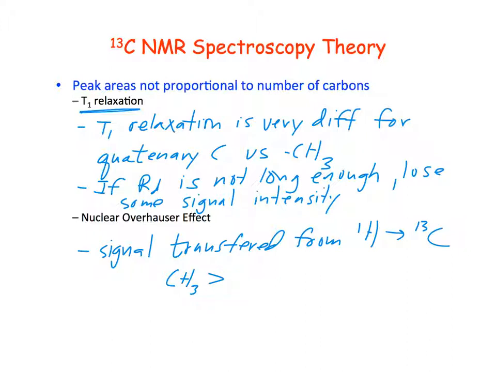So we get more NOE for a CH3 than we do for a CH2, for a CH, for a quaternary carbon. All right, and for these reasons, this is why we oftentimes see in C13 NMR that the quaternary carbons are often very small. Okay, their intensities are small.